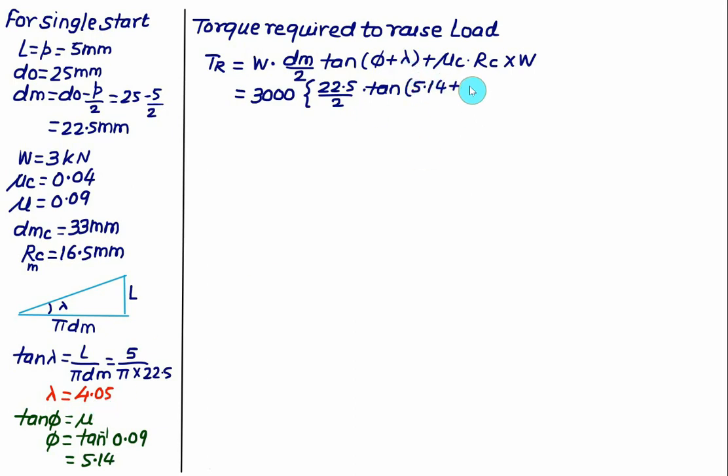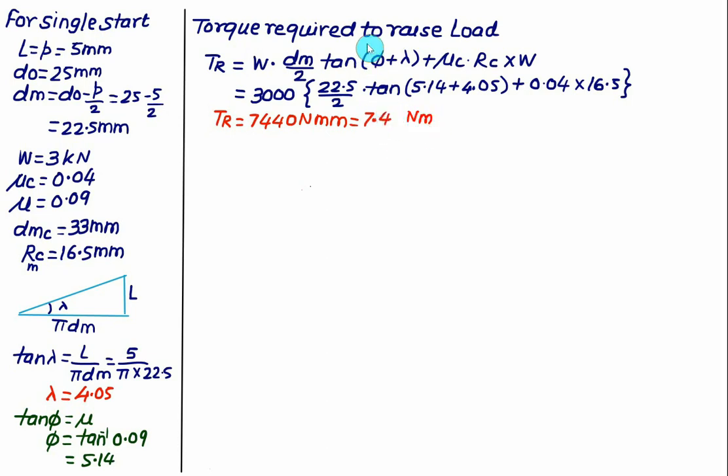Lambda is 4.05, plus mu c, which is equal to 0.04, multiplied by RC equal to 16.5. W already taken common. So we get the torque required to raise the load close to 7440 Newton mm. That is equal to 7.4 Newton meter.